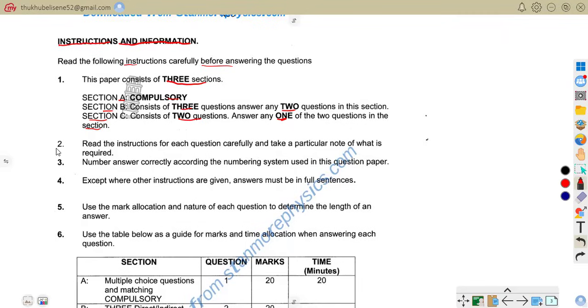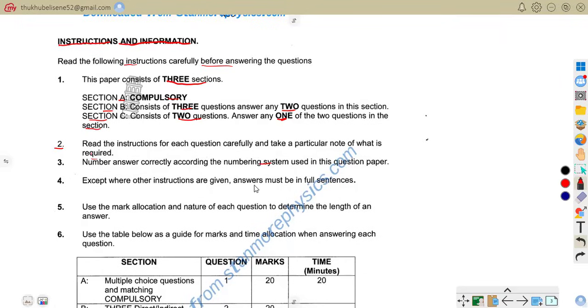Let us move on to instruction number 2. Read the instructions for each question carefully and take particular note of what is required. Very important. Number answers correctly according to the numbering system used in this question paper. So make sure that you correct the numbering.